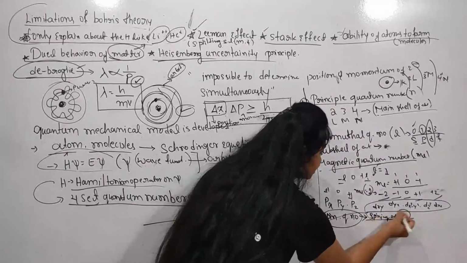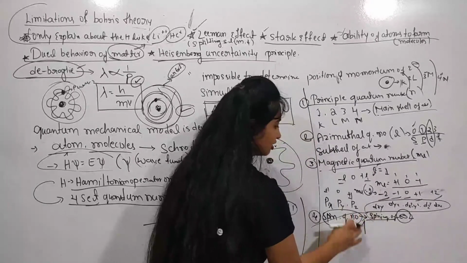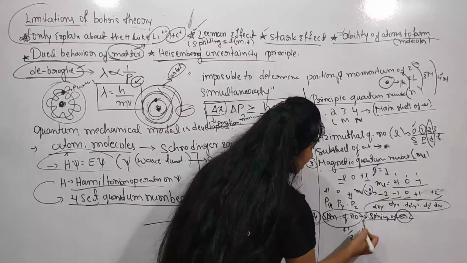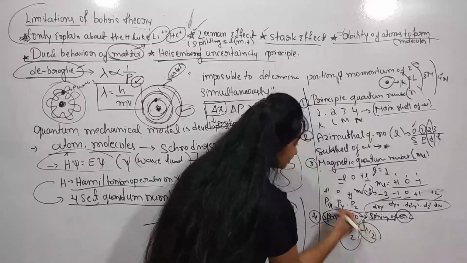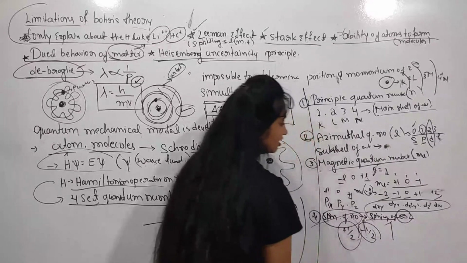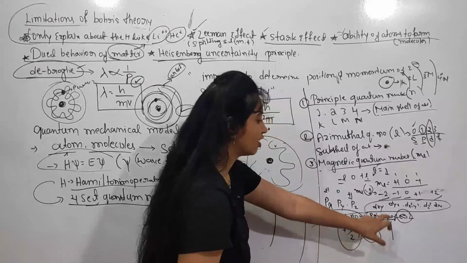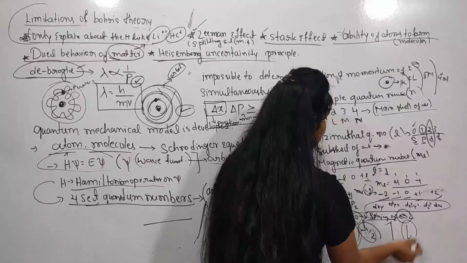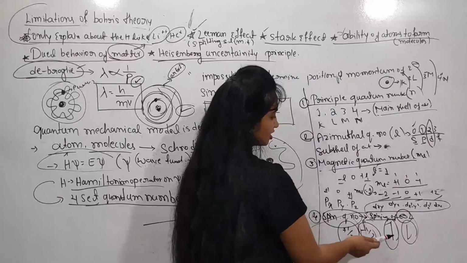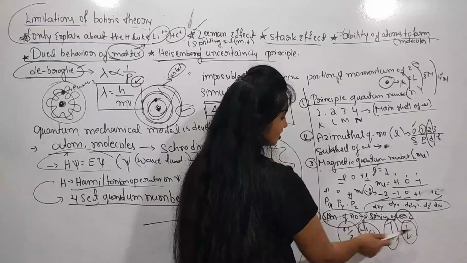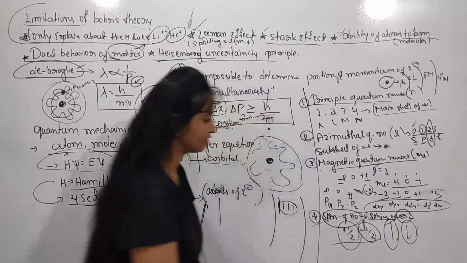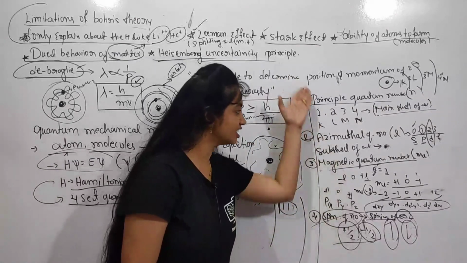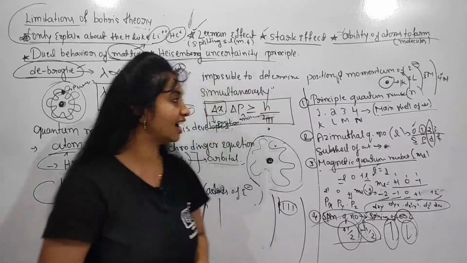These electrons revolve in the clockwise direction and the anti-clockwise direction also, and the spin quantum number values are plus half and minus half. So we represent the electron spin in terms of this symbol also, and the values are plus half and minus half. So these are all about the quantum numbers, and these quantum numbers give an address of an electron.